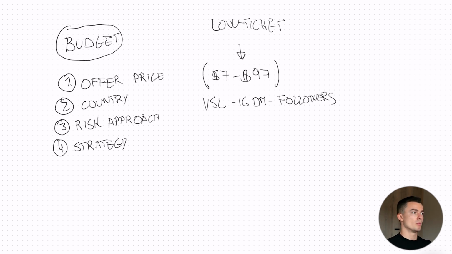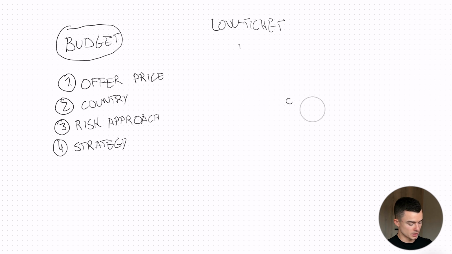Most of the time you need more budget and you need more time to really dial in the offer. So the strategy will always play a role in the daily budget that you should be investing into ads.